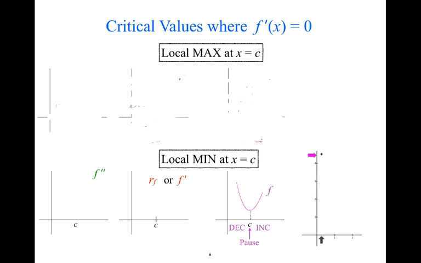Okay, so now, what is a local min in terms of the rate of change? At first the rate is negative. At the pause, the rate will be 0, and then positive.